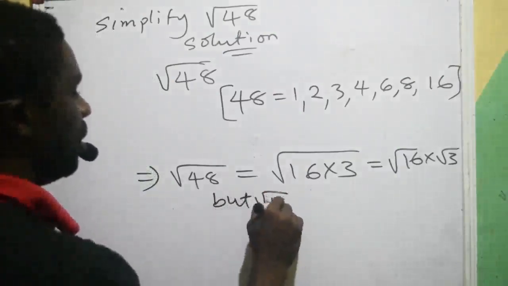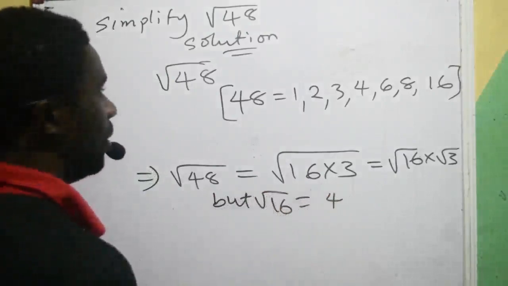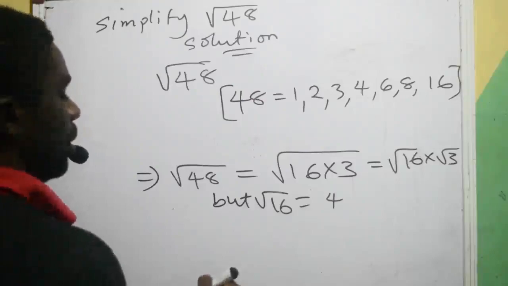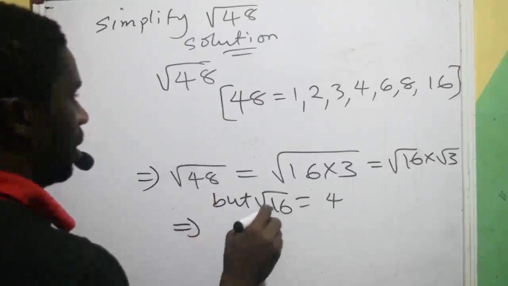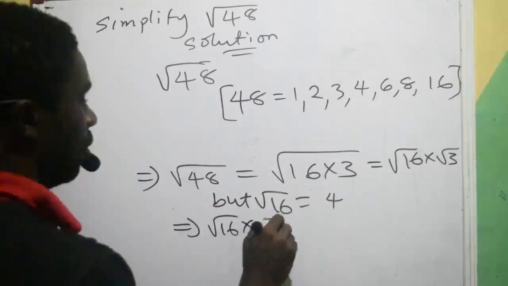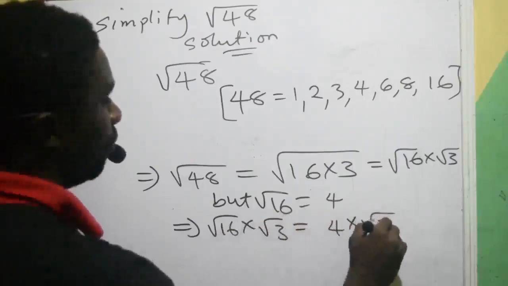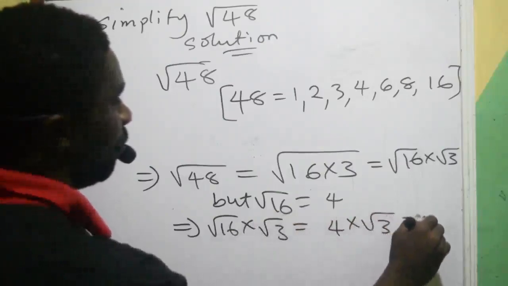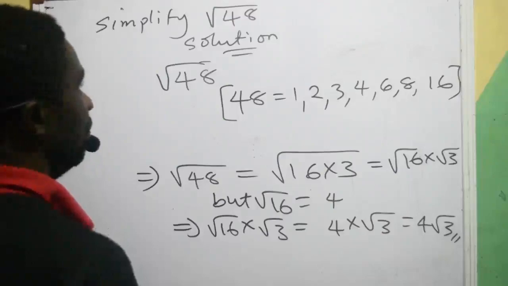Root of 16 is 4 because 16 is a perfect square. So root of 16 multiplied by root of 3 is the same thing as 4 multiplied by root of 3, which is 4 root of 3. So this is the answer.